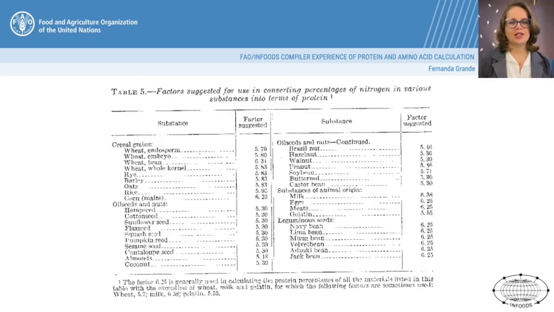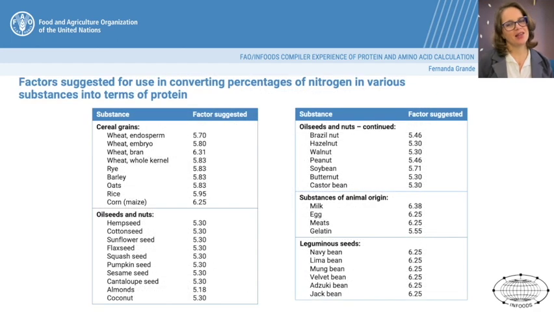And these are the specific factors proposed by Jones as in the original publication. And here again, as in the original publication, but in a more readable format. These factors now are referred to as Jones factors, and they range from 5.18 for nuts and seeds until 6.38 for milk.